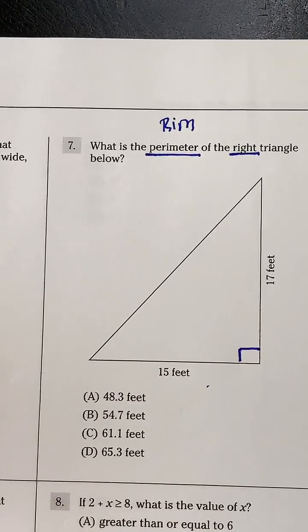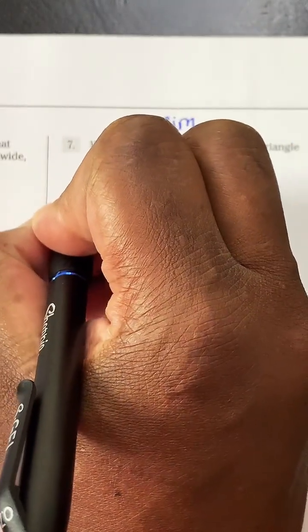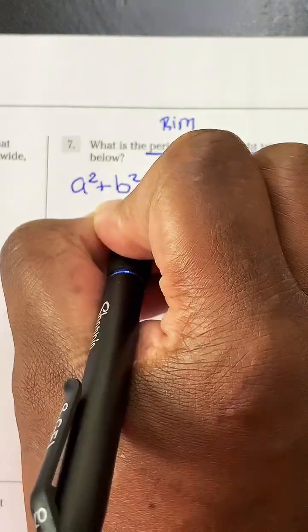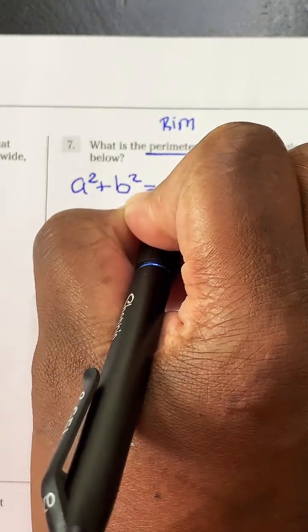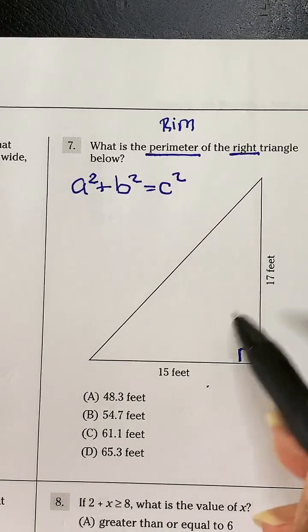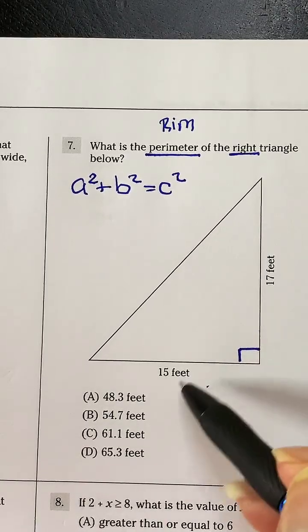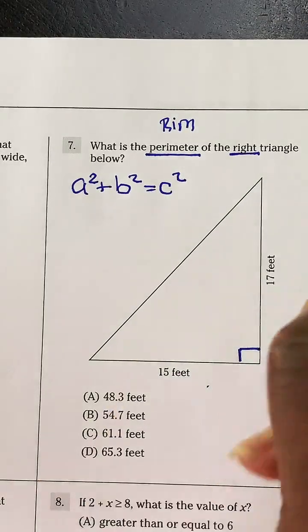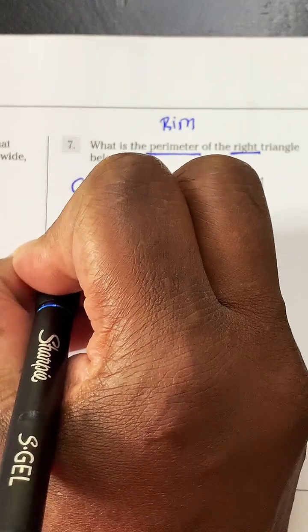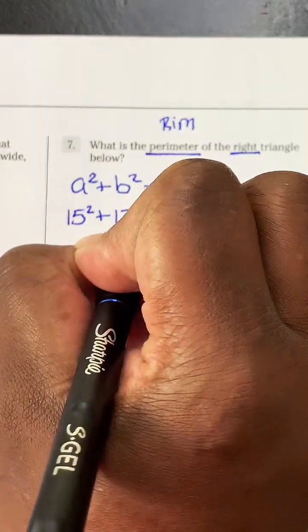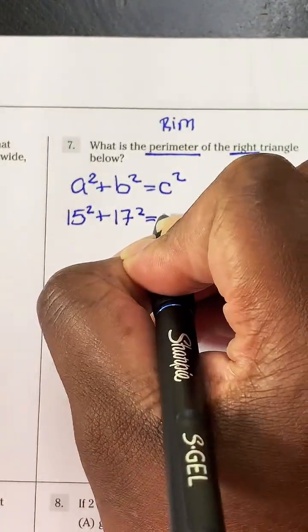Here we go. Now we need the Pythagorean theorem: a squared plus b squared is equal to c squared. These 2 sides are called the legs, and it doesn't matter which one is which. So we can say 15 squared plus 17 squared is going to equal our unknown squared.